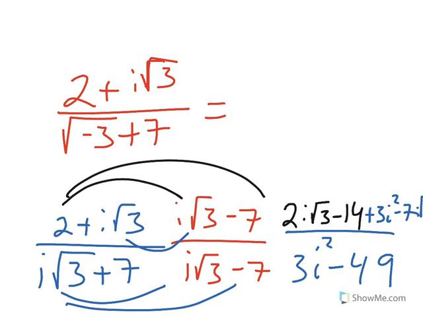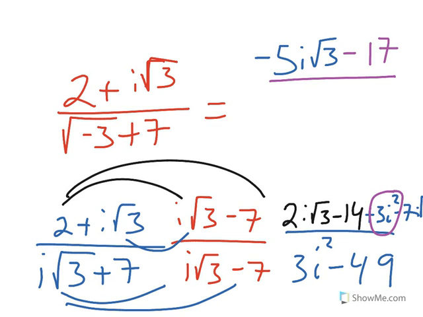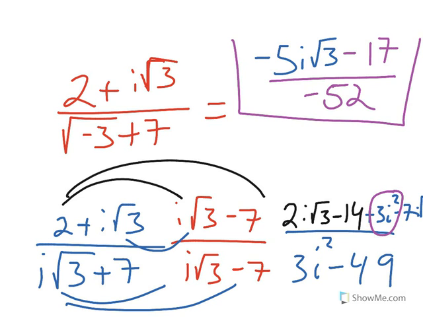So I can combine some terms: negative 5i square root of 3. 3i squared is going to be negative 3, so it's going to be negative 17 all over negative 52. Alright, so we're going to do more tomorrow.